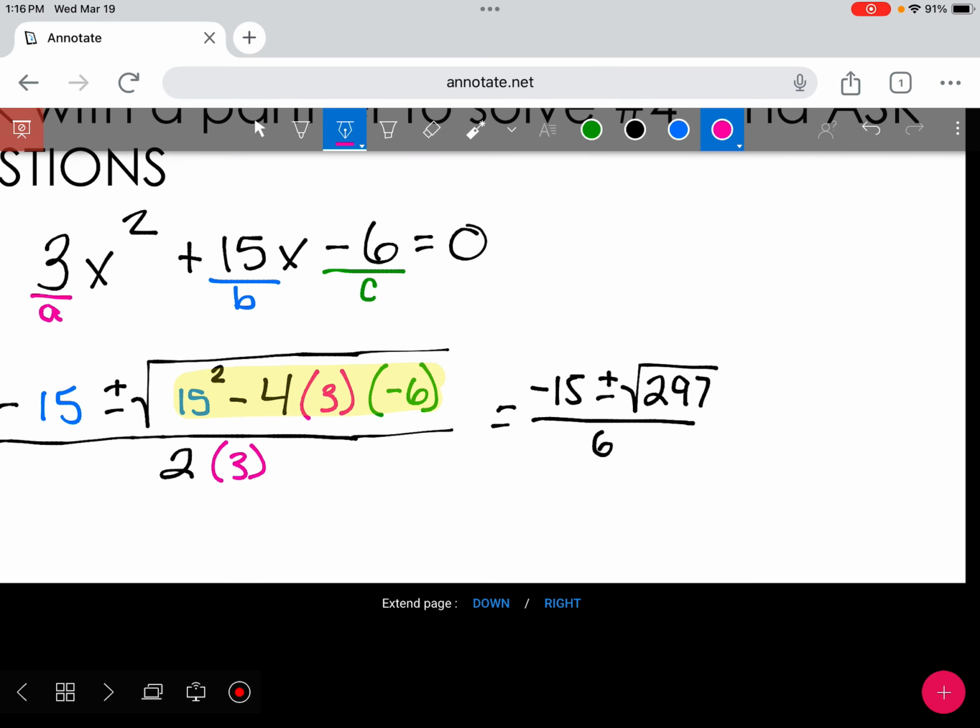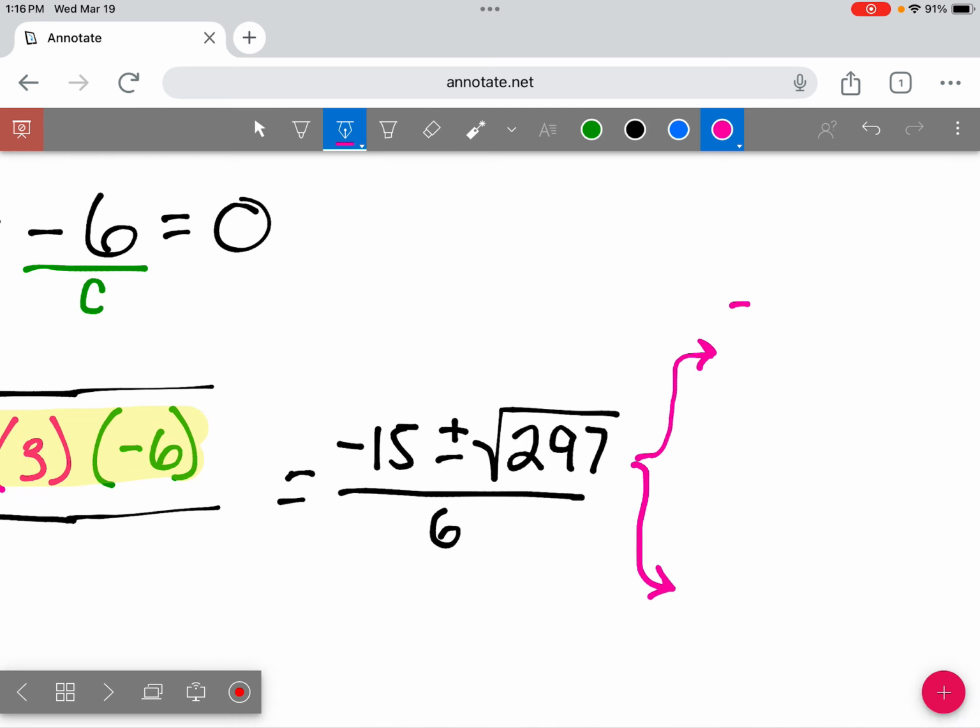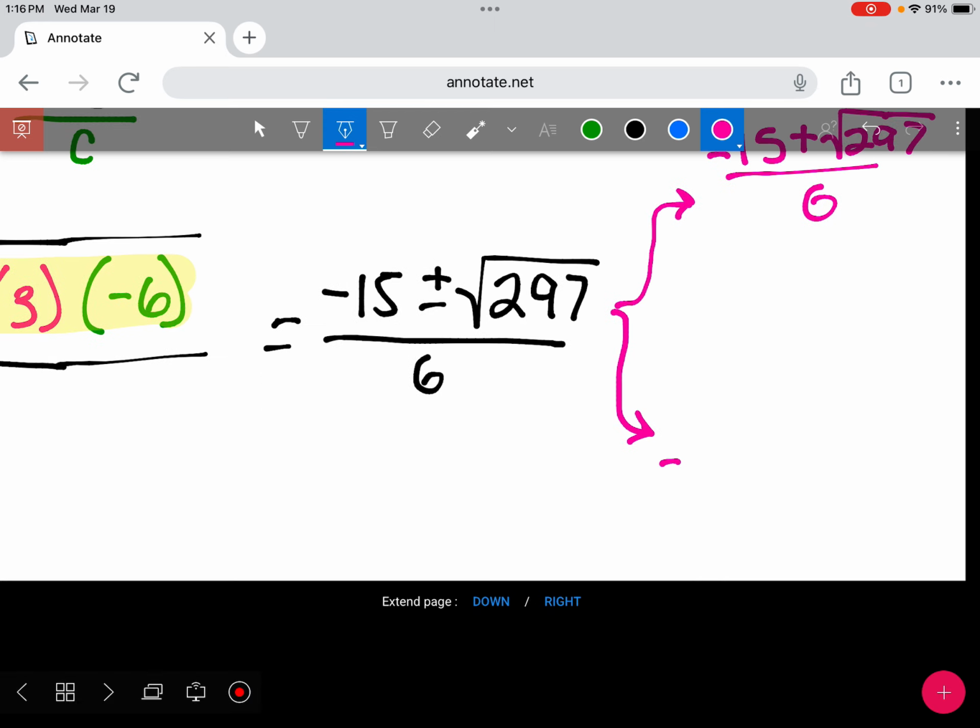So to get our simplified answer and to get our decimals, we need to split it. We'll do our minus 15 plus the square root of 297 over 6. And we'll do our negative 15 minus that square root of 297 over 6.